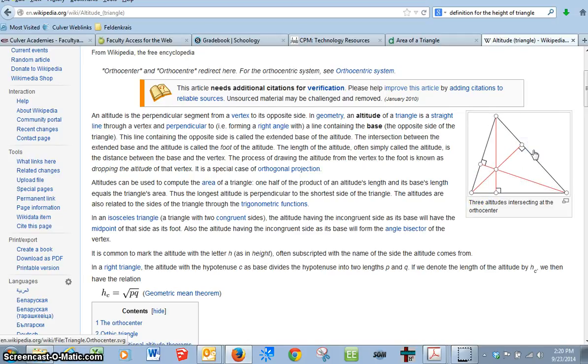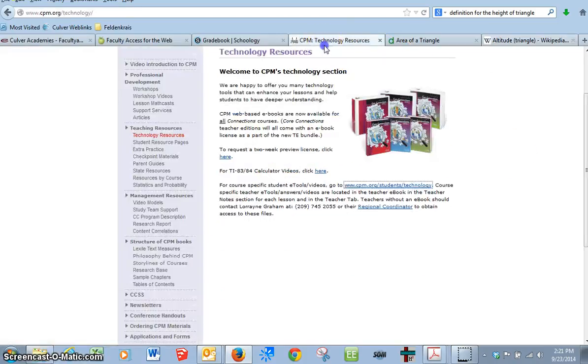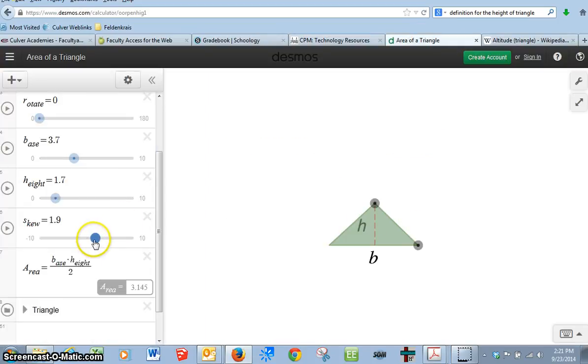So it is not required that it is a vertical segment, only that it moves from a vertex and travels perpendicular to the line containing the opposite side. And it is the obtuse triangle for which we clarify that it's not just perpendicular to the opposite side, but it's perpendicular to the line that contains the opposite side.